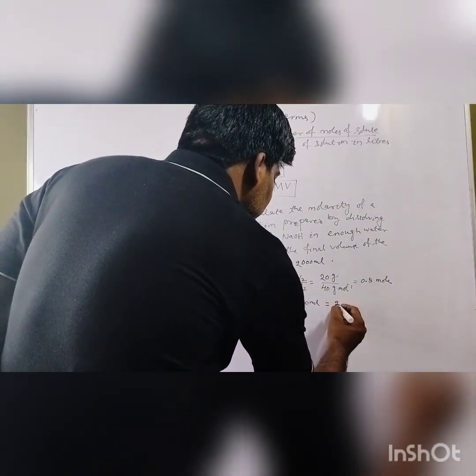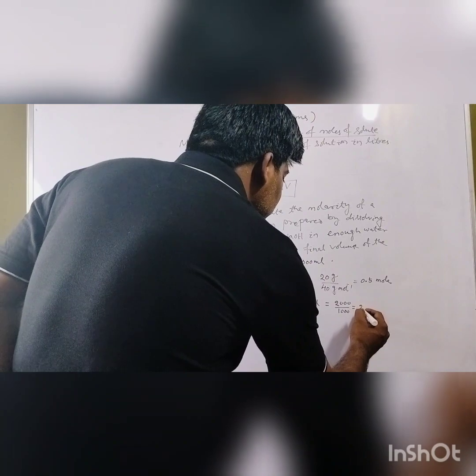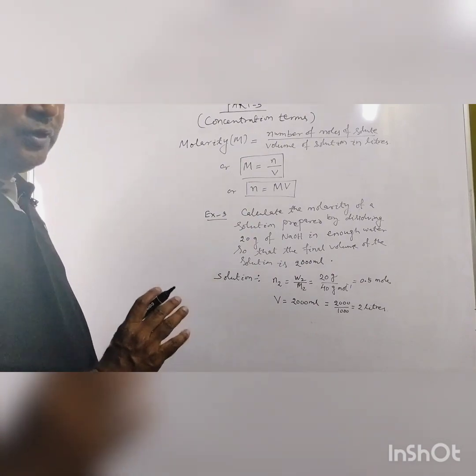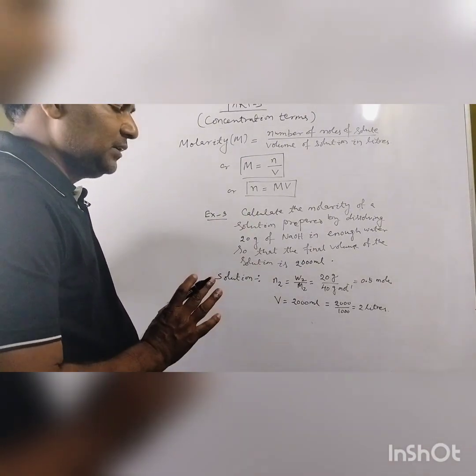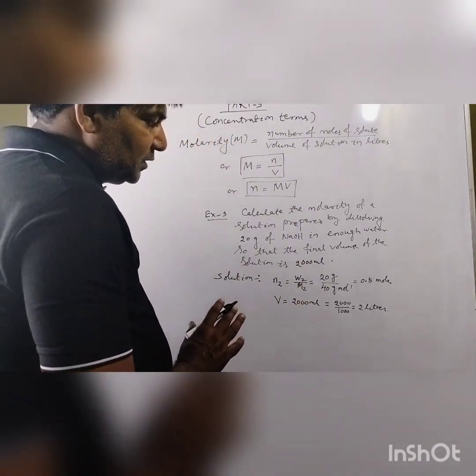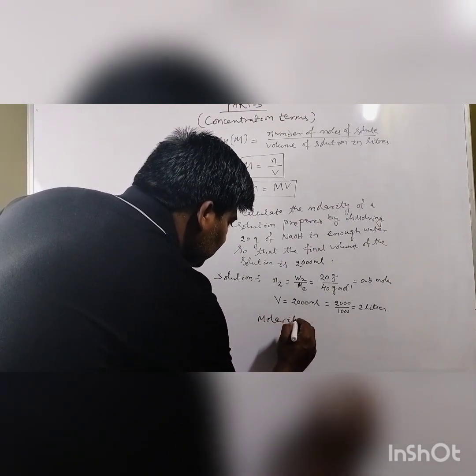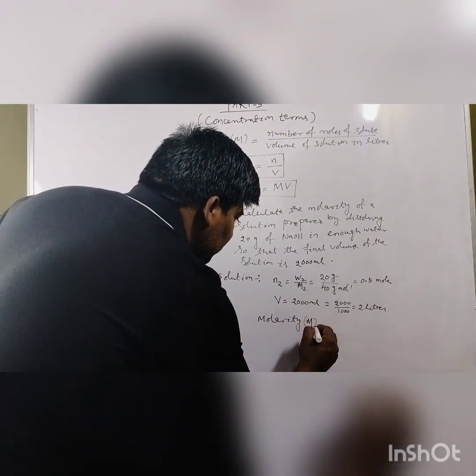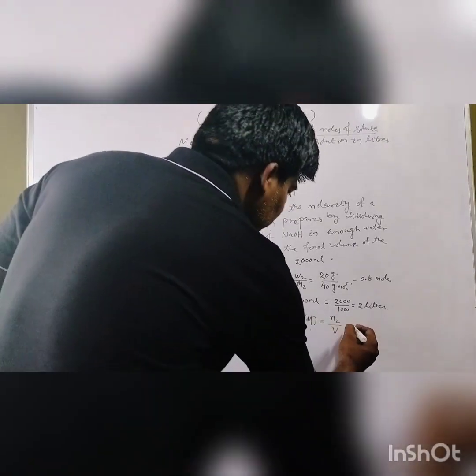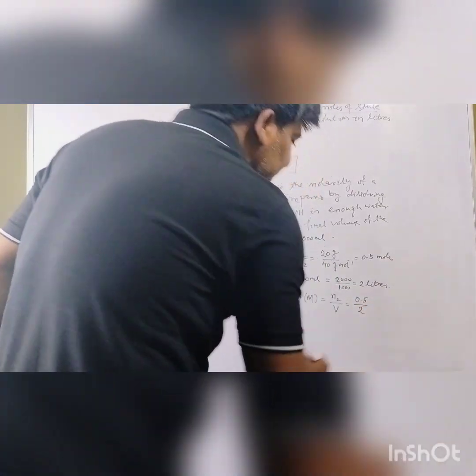That is 2000 divided by 1000. That is 2 liters. Okay. In order to convert volume in milliliters to liter, we have to divide by 1000. So here you have got volume of the solution in liters. Now molarity of the solution given by capital M is equal to N2 by V or N by V. Here we have taken N2, so you can put that 0.5 by 2.